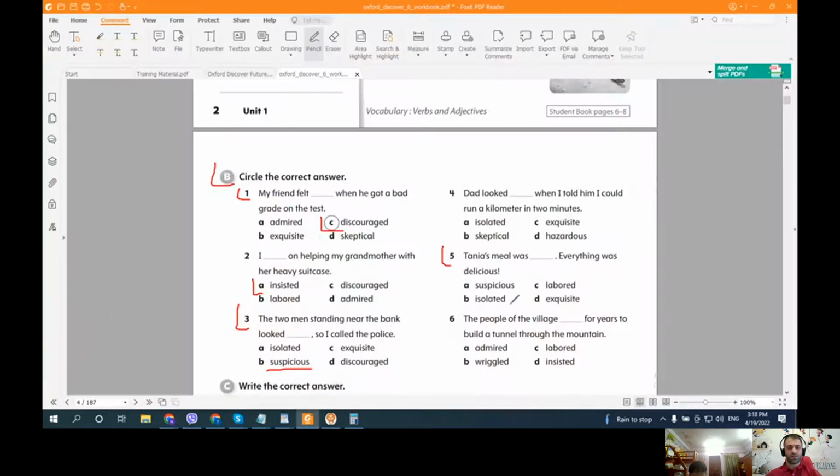Okay, now let's go with number 6. Can you please read number 6? The people of the village insisted.